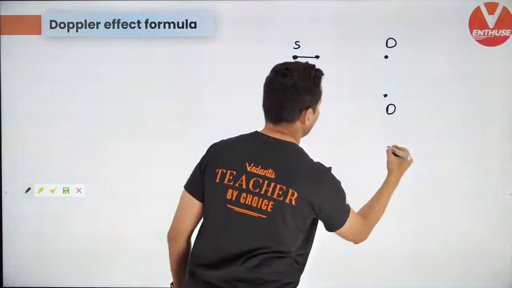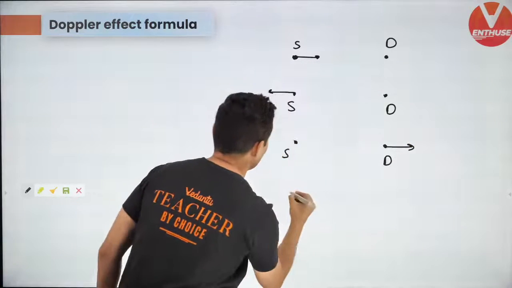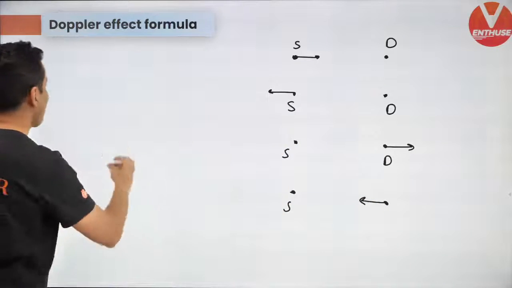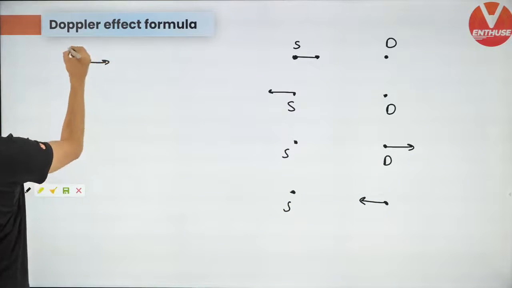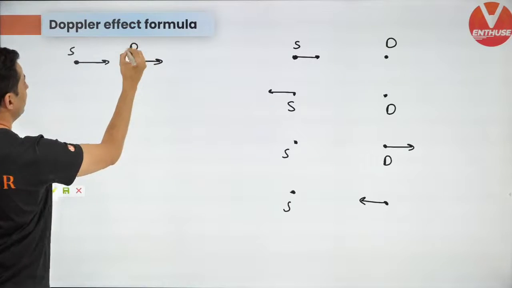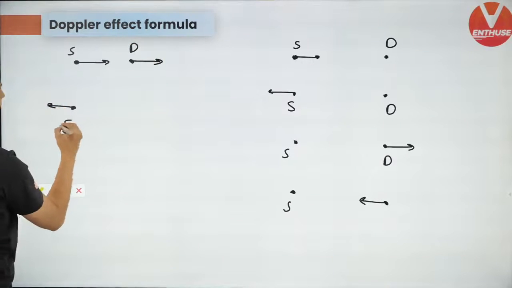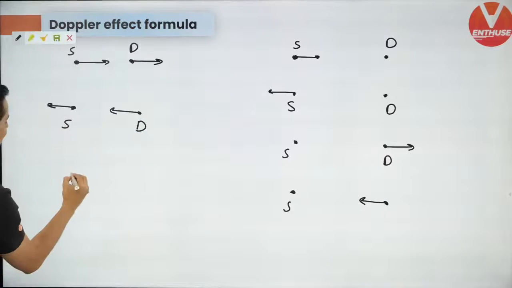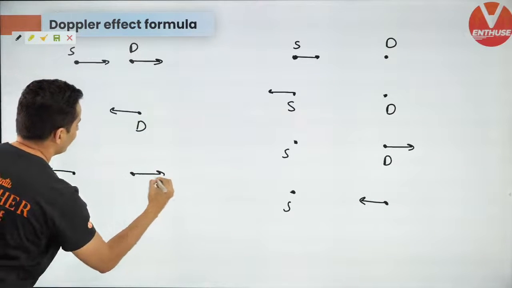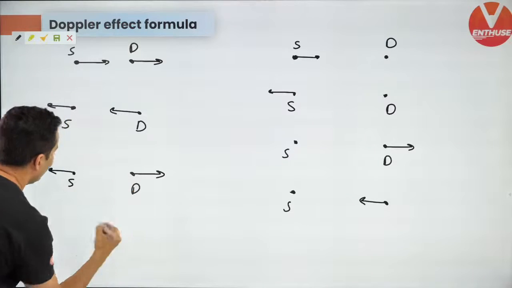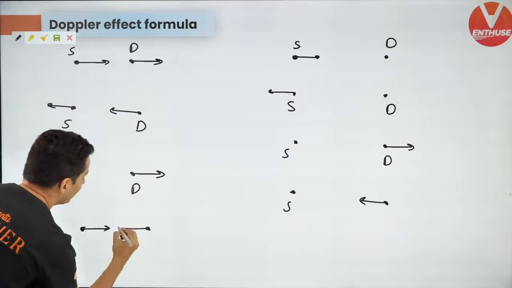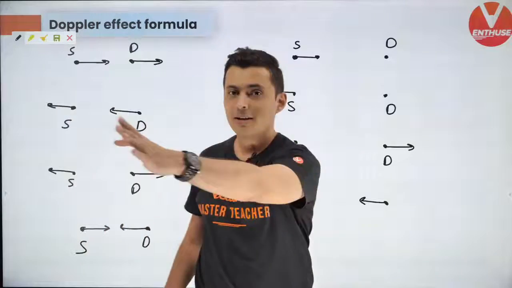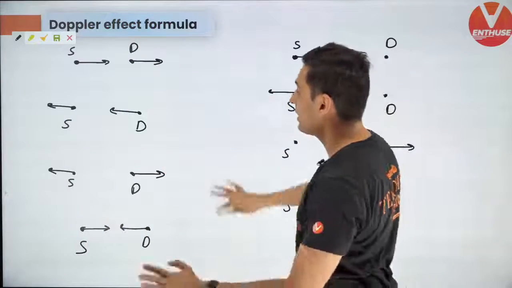Source is at rest, detector is moving away. Source is at rest, detector coming here. Then source is going here, detector is also going here, and then maybe source is going here, detector is going here, and lastly source is going here, detector is going here. I hope you realize all the cases are put up here.